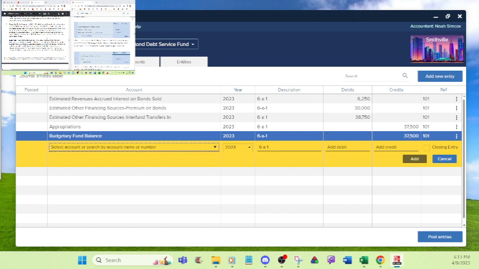We have cash, and then those two things, which we already know the name of because we predicted it in the budget. Cash in the amount of accrued interest and cash in the amount of the $30,000. So actually, it's literally just the $30,000 and $6,250, which we already recorded in the budget.